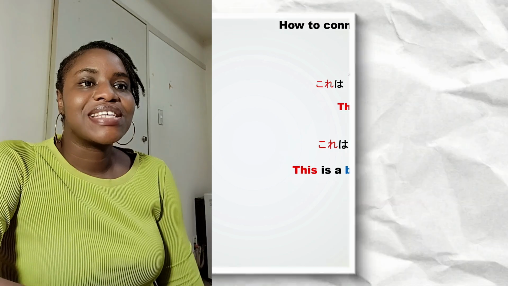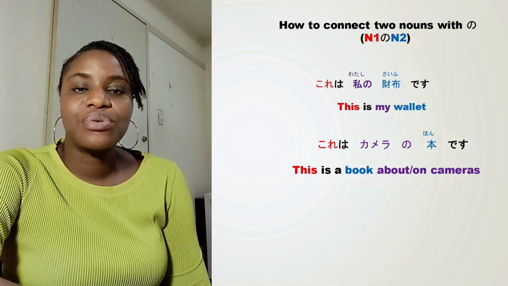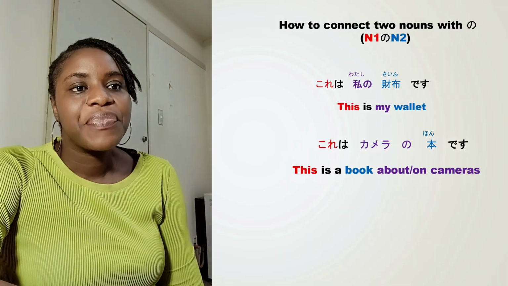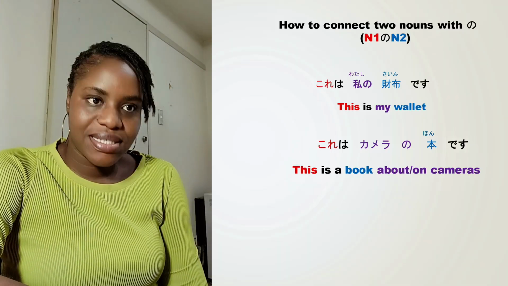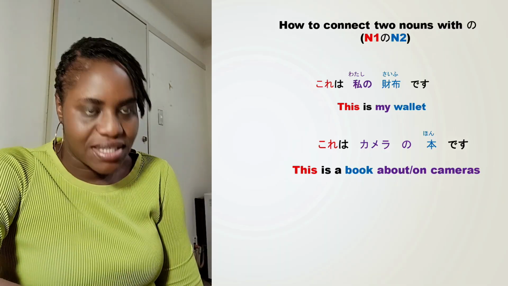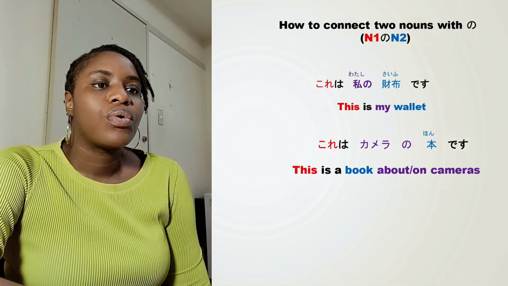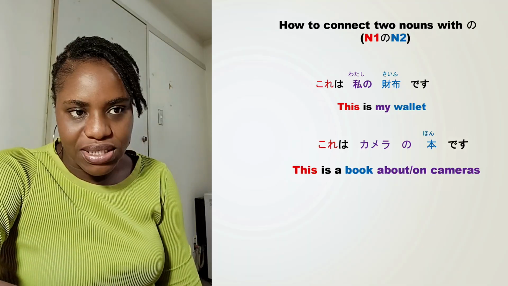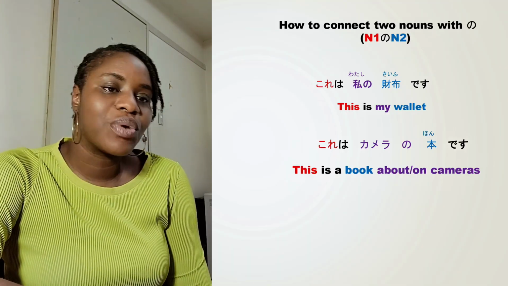The next one is how to connect two nouns with the particle no. 例えば、これは私の財布です。Now, that means this is my wallet.